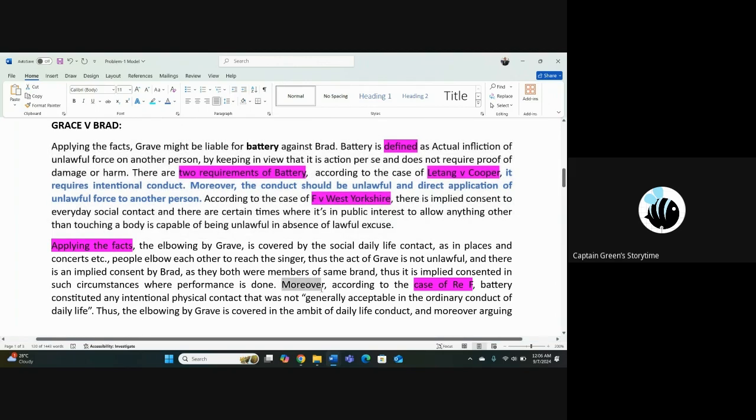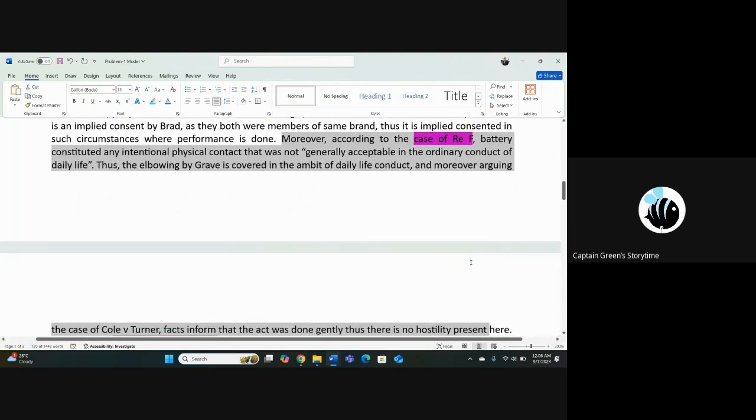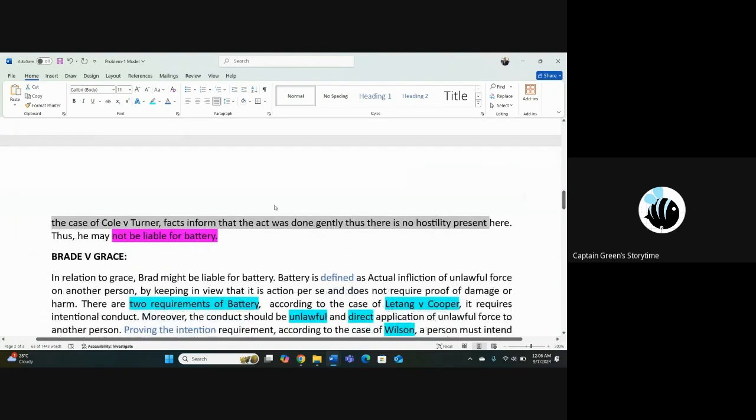Moving again, moreover, according to the case of REF, battery constitutes any intentional physical contact. An important element is that it must be out of the daily conduct of life. However, I am claiming that the elbowing by Grace is covered in the ambit of daily life conduct, and moreover, arguing that in the case of Turner, the facts inform that the act was done gently and there is no hostility present here.